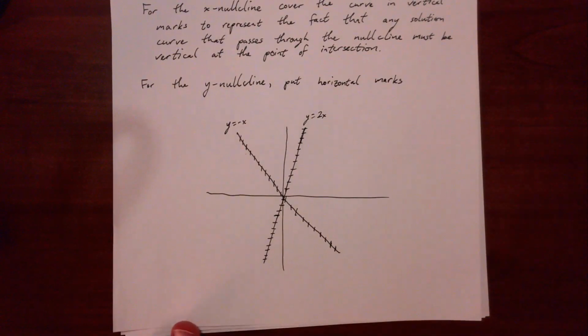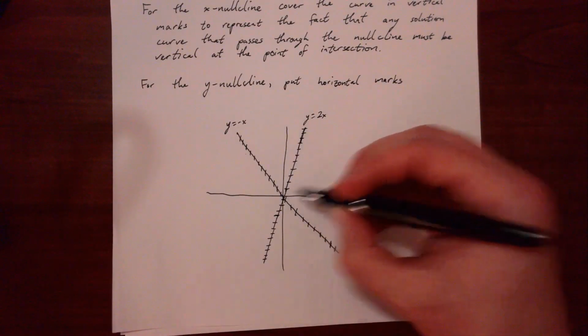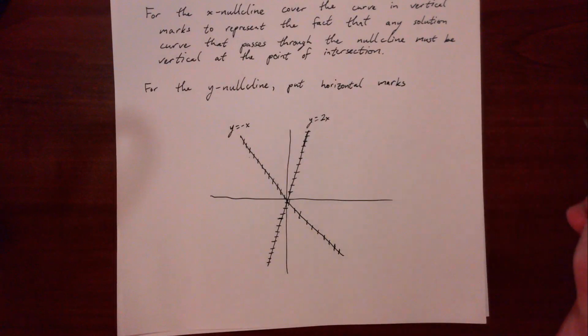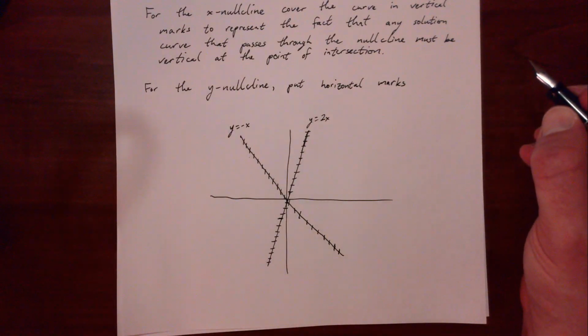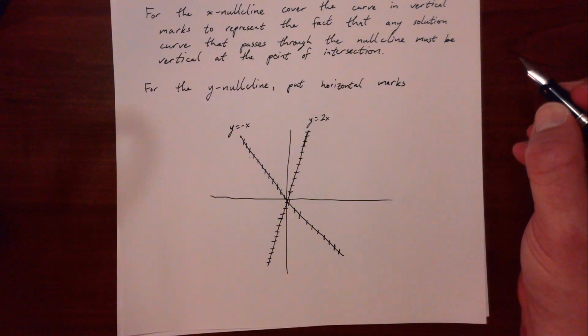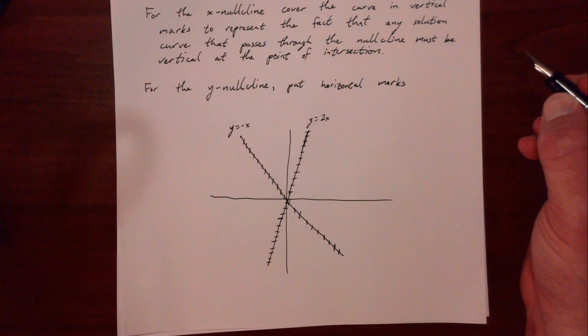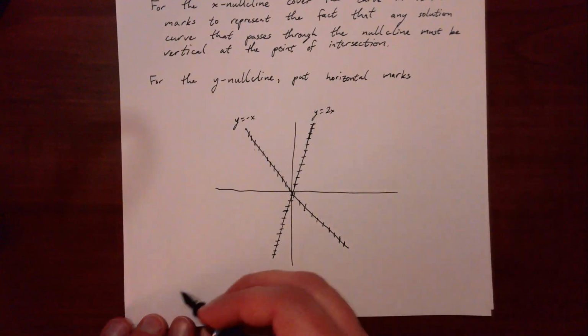Now, what is the significance of the intersection of these points? Well, at the intersection of those points, it is neither changing in the x direction nor the y direction. In other words, it has an equilibrium.